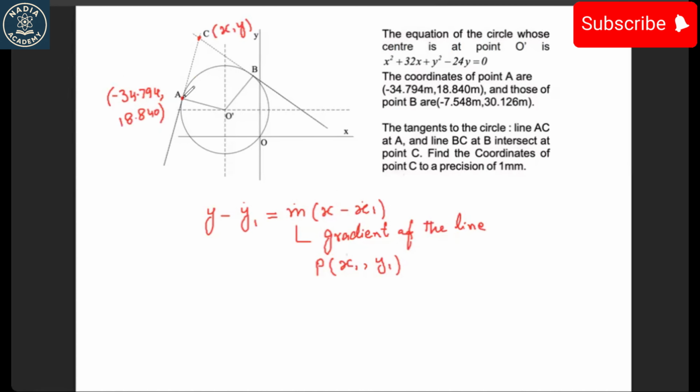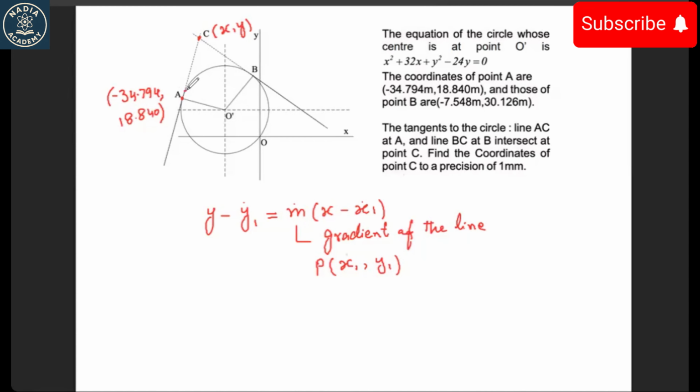Now, how can we find the gradient of the line AC? This is very simple. If we know 2 points on the line, then we can find the gradient of the line. But we have only one single point. What we can see is that this is a tangent of the circle, and the radial vector, as shown in this diagram, O prime A, is the radial vector.